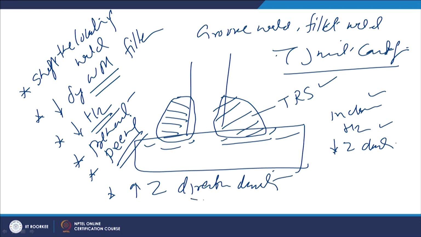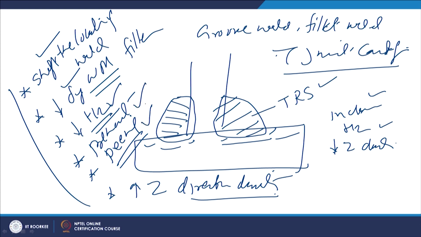So, these are some of the steps which can be taken to avoid or reduce the possibility of lamellar tearing: shifting the location of the weld, using low yield strength filler metals, reducing the hydrogen concentration in the weld, use of preheat, shot peening, and using metals having good Z direction ductility.